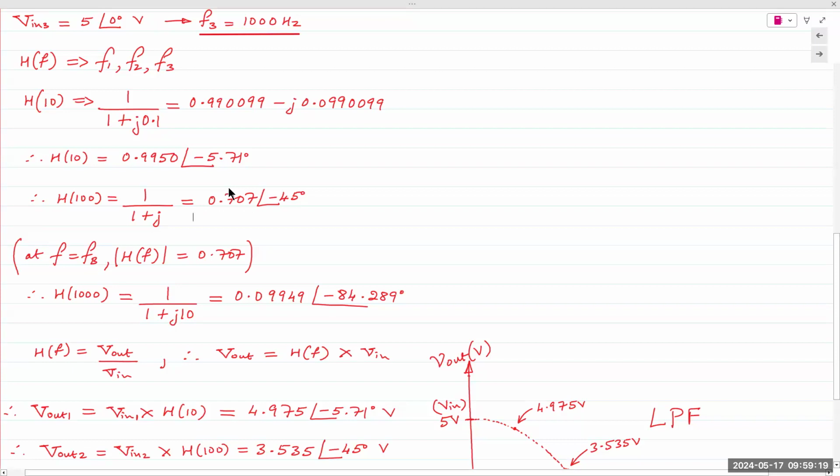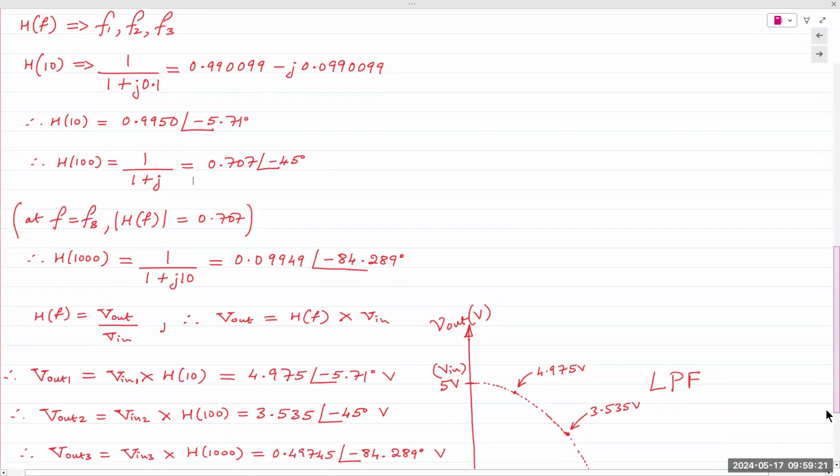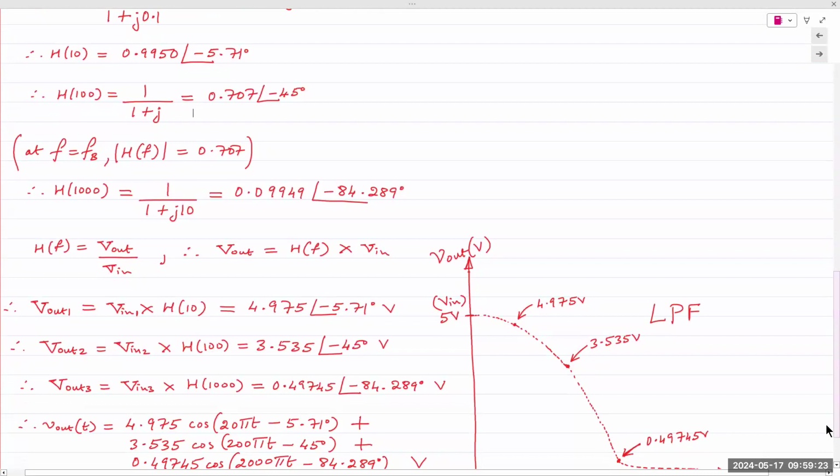And then H of 1000. 1000 is much larger than 100, and so the final magnitude drops to less than 10%, 0.099.